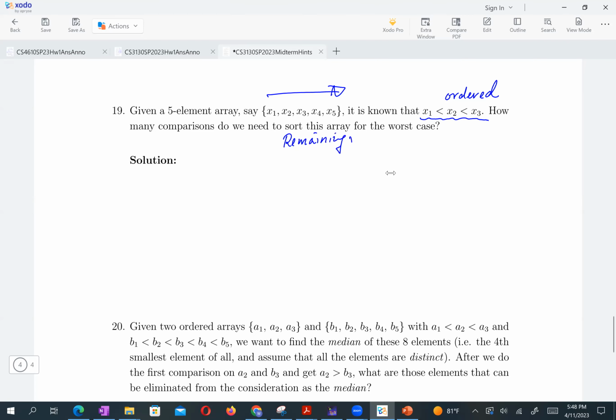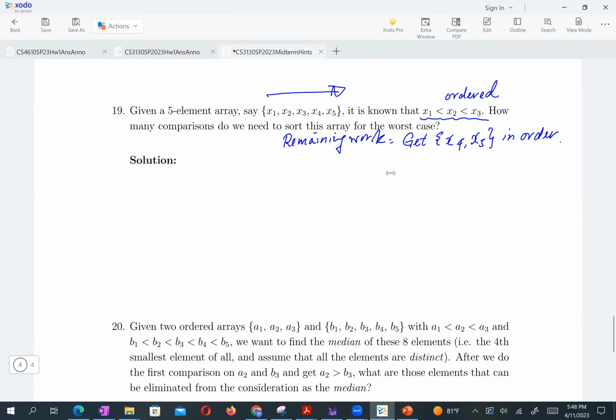Basically, we just want to get the elements x1, x2, x3, x4, x5, these two elements, in order.